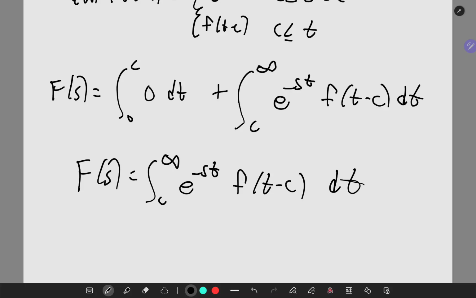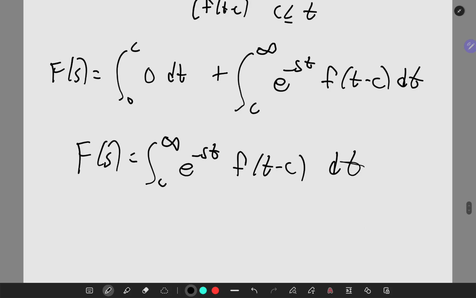Okay, so how would we do this one? Well, first of all, we have our two cases, right? When s is equal to 0 and s does not equal 0.